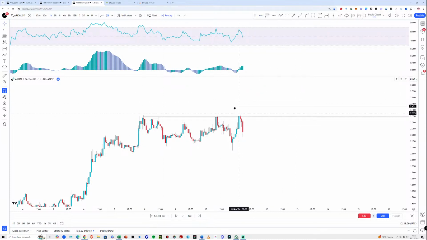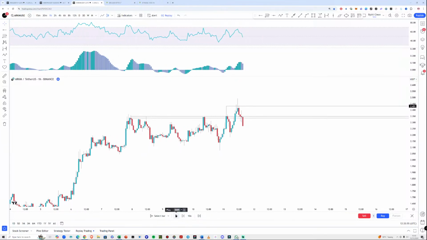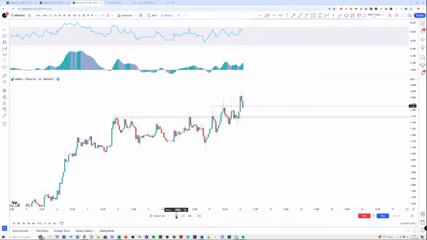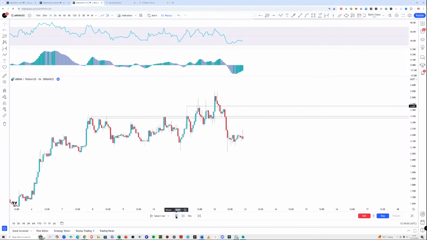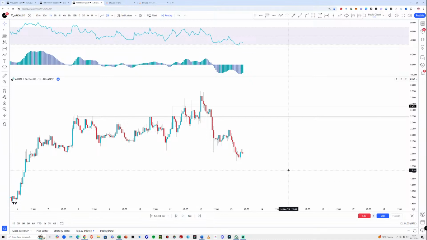So bodies, last trouble area. Swept the last trouble area, comes down, does it again, and just moves to the downside, right? So chopping around here, multiple sweeps, multiple takeouts, sweeps of sweeps, essentially, is what's going on.